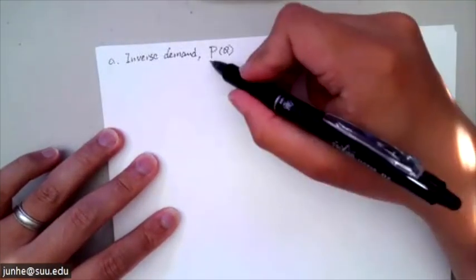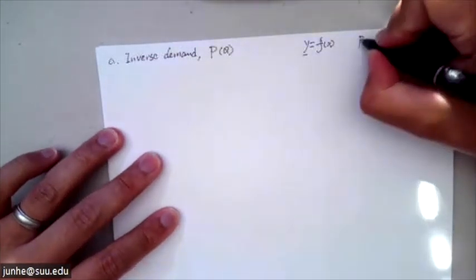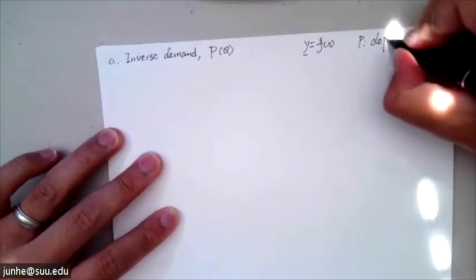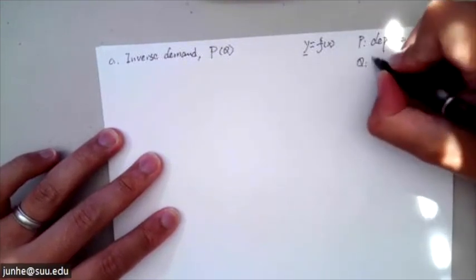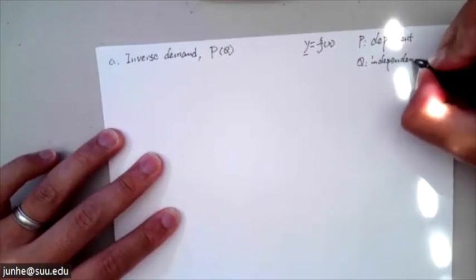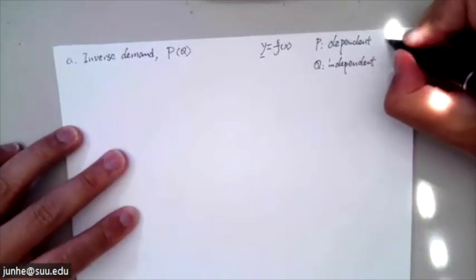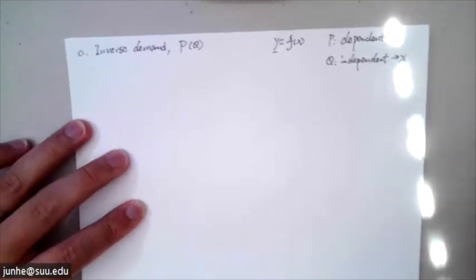And here, P is your y, Q is your x. Namely, P is the dependent variable, and Q is the independent variable. Dependent variable like y, independent variable like x.